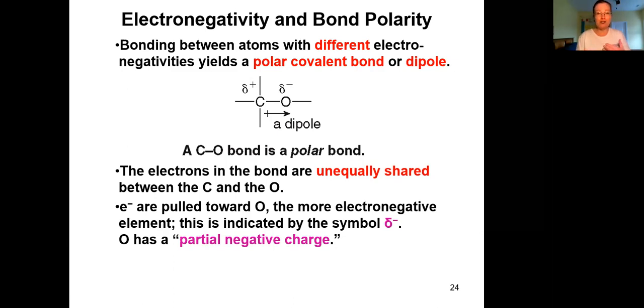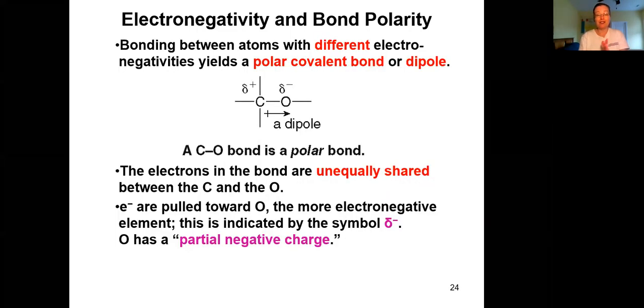Remember, he's right next door to fluorine, the second most electronegative element that there is. We can show this two different ways. One is by doing this symbol. It's the Greek symbol for the lowercase d, for delta. We call it delta positive or delta negative.